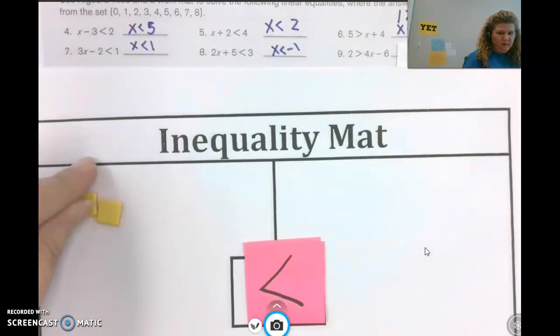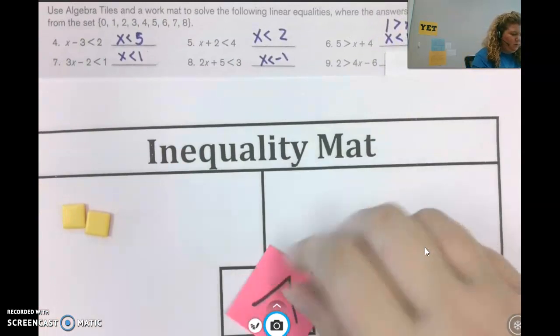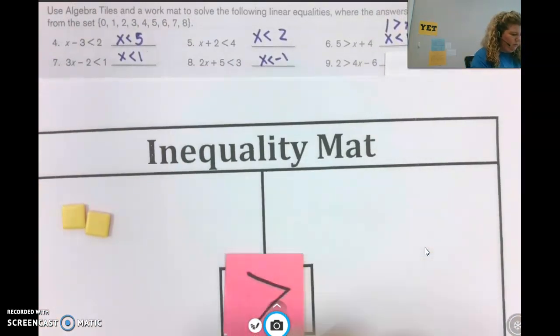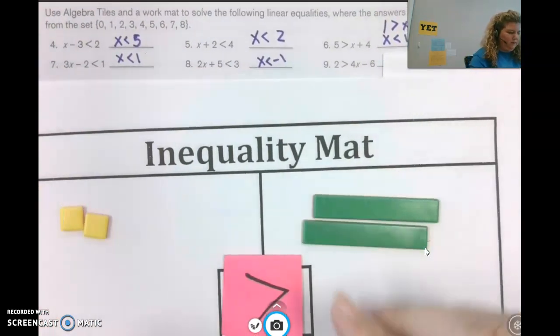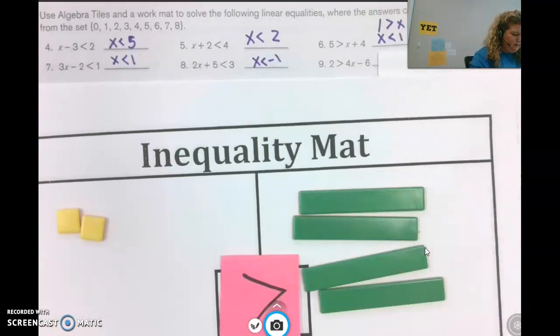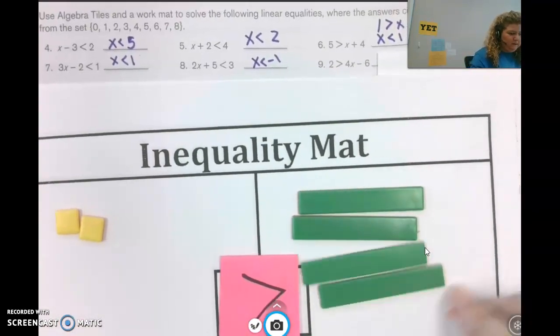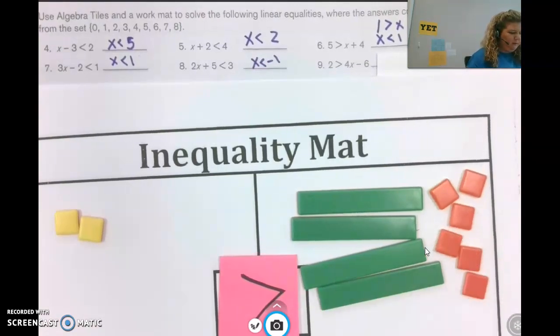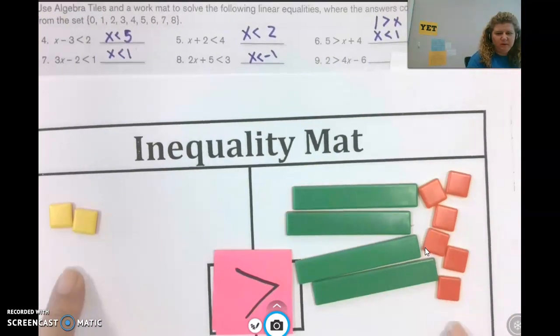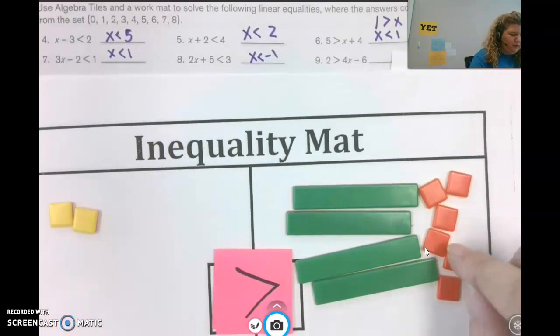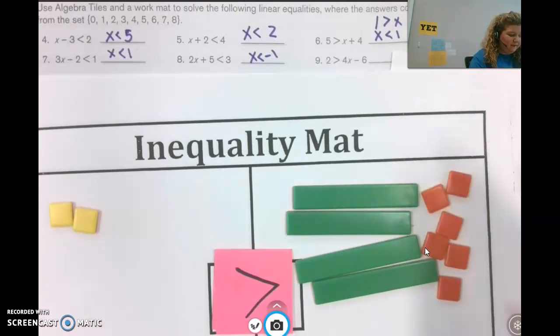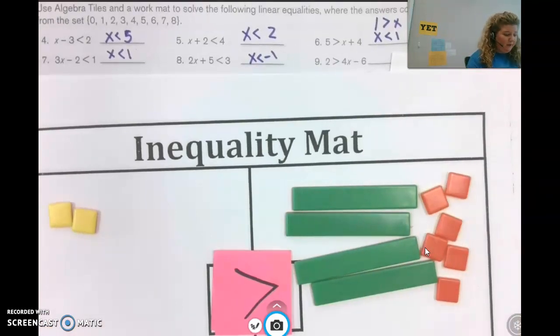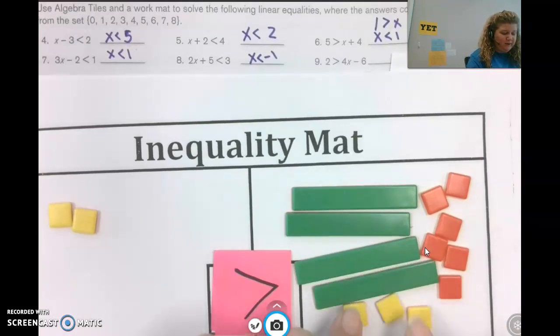Okay, so 2 greater than 4 x's, 2, 3, 4 x's, and then minus 6. 1, 2, 3, 4, 5, 6. So to remove 6 negatives from each side, but I don't have that to do, so instead I'm just going to make 0 pairs.